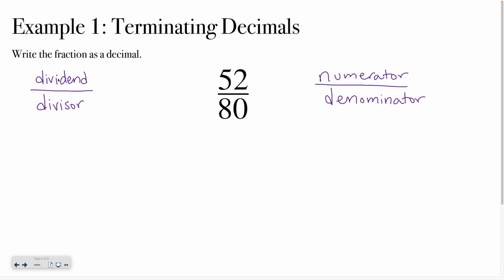So the top number can be called a dividend, or if we were to write it like this, this is your dividend, and then this is your divisor. So the top number of a fraction is called a dividend, the bottom's divisor, or if you were to write it horizontally, it would still be the 52 or whatever that first number is, that's your dividend, and your second number is your divisor.